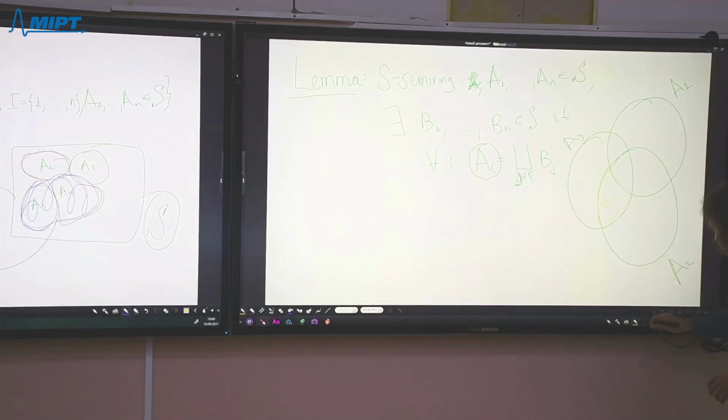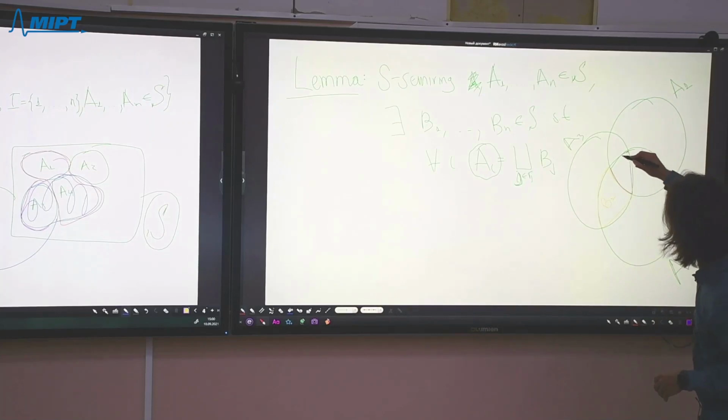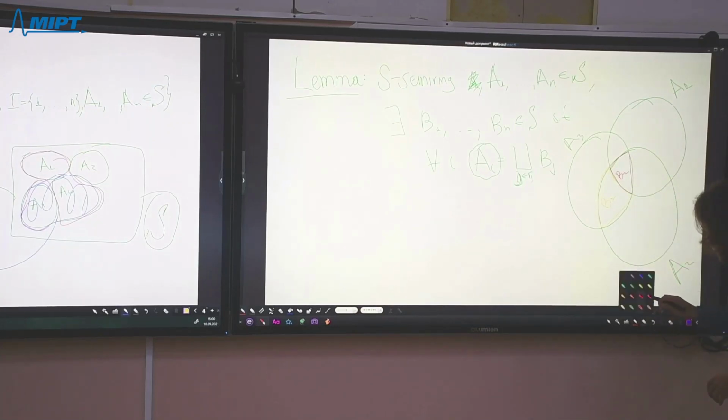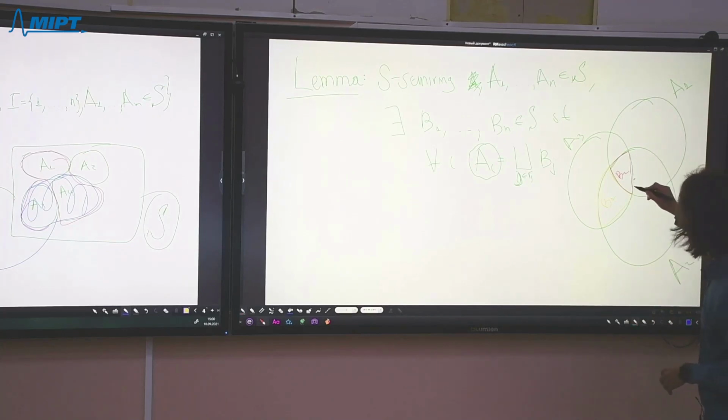We can take a different set, B2, and a different one, this one, it's going to be B3, and B4, and B5, B6, and B7, right?